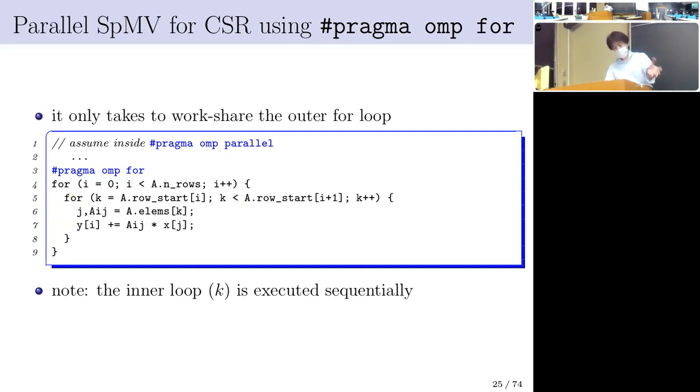The entire work is partitioned among threads in such a way that any single row is only worked on by a single thread, because this outer loop is the only loop that gets divided among threads. So there's no possibility that two threads work on the same row.